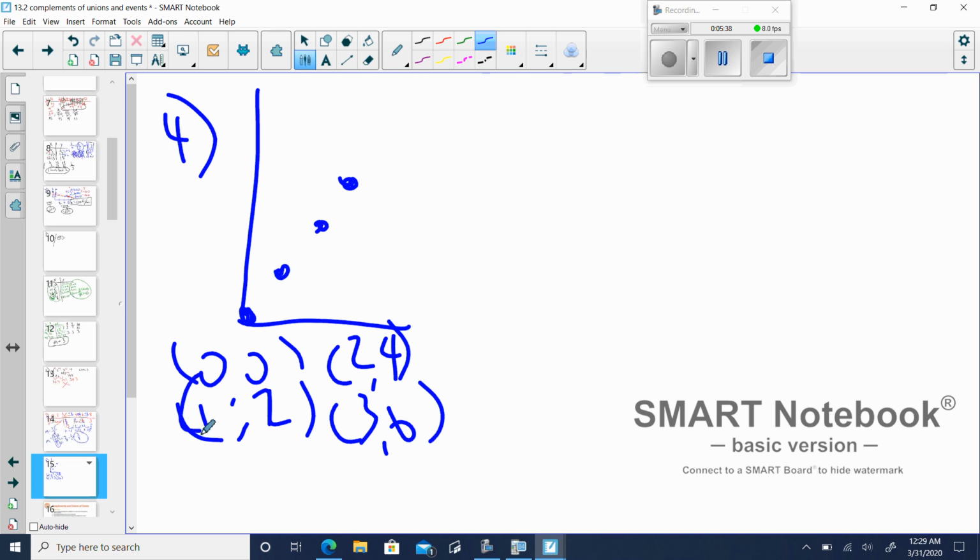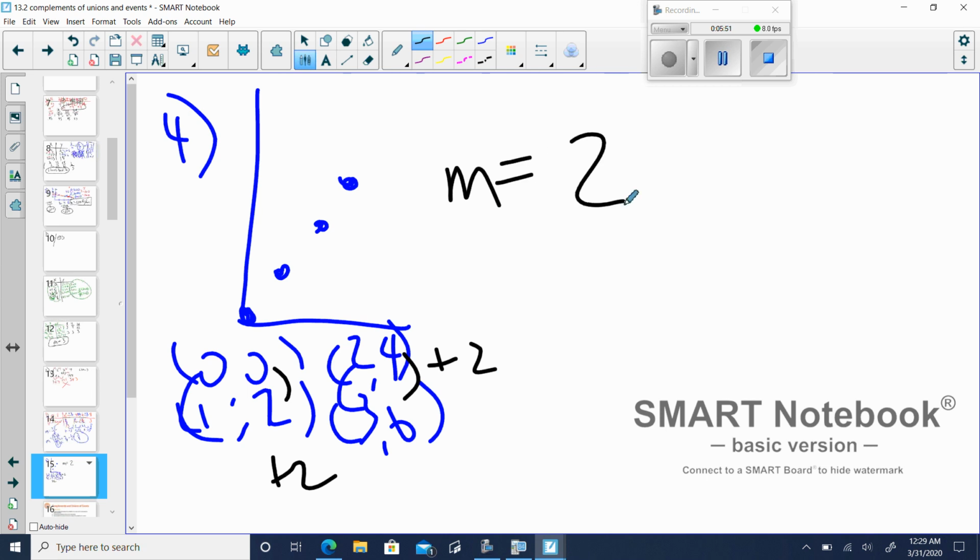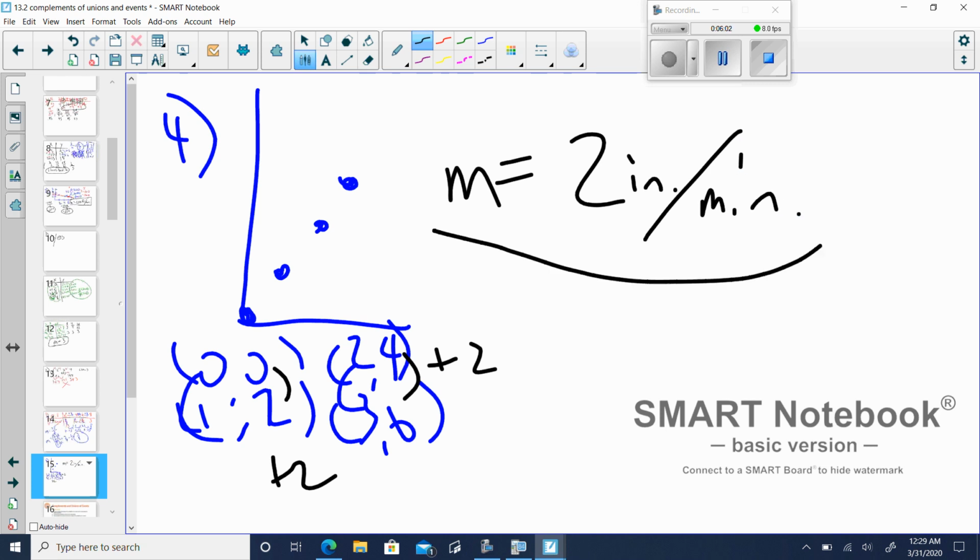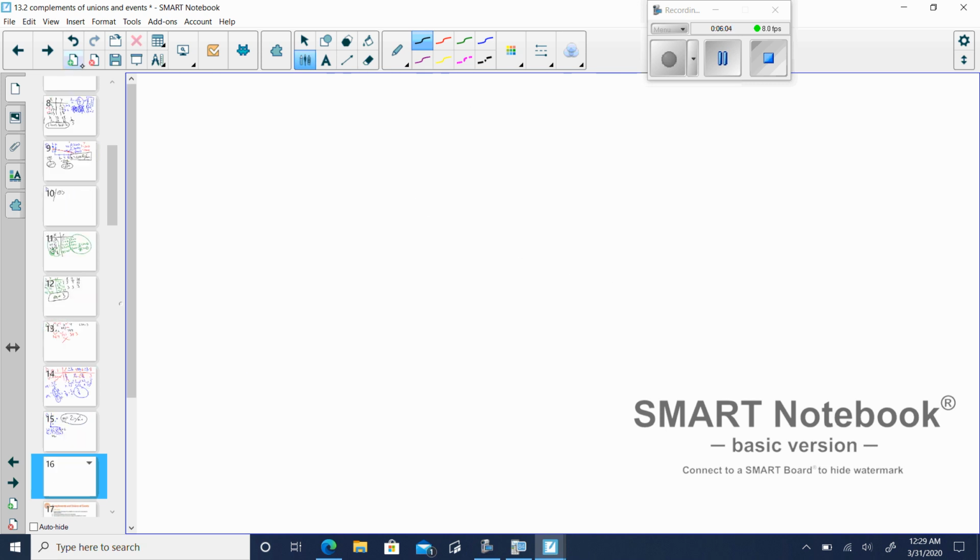So every time we're increasing by 1, our output values increase by 2. So this is good, and our constant rate of change, or our slope, which is constant, is going to be 2. 2 what? It's going to be 2 inches per minute that the water level is changing. It's our constant rate of change.